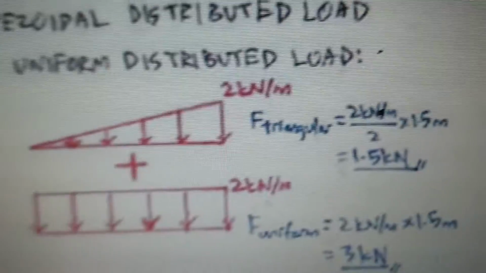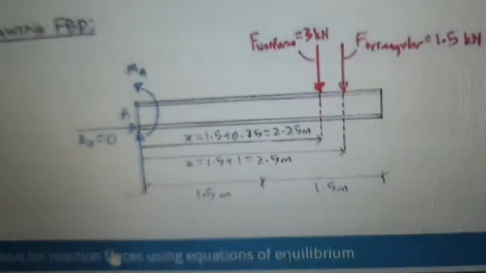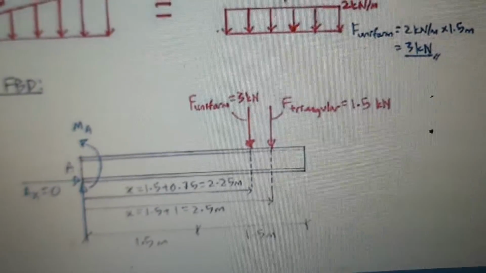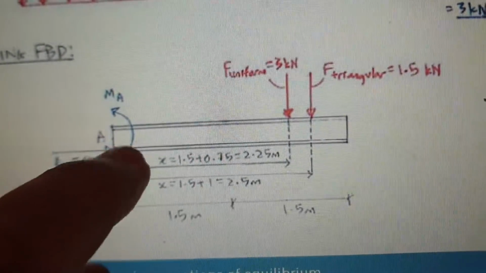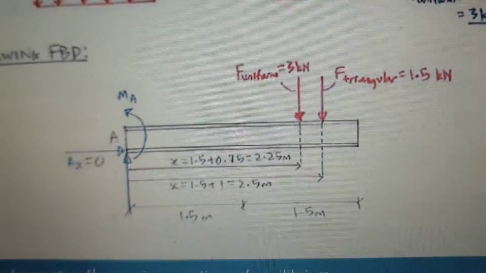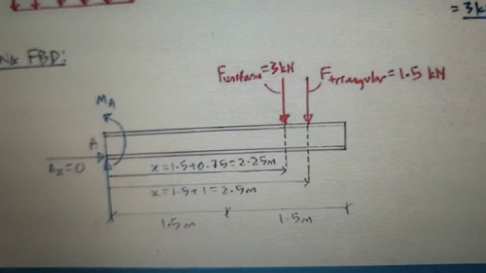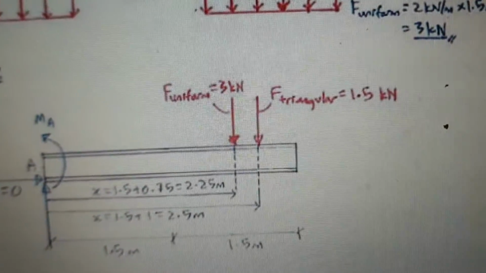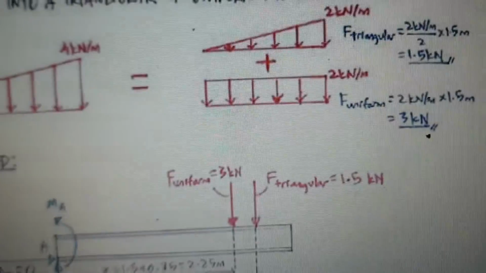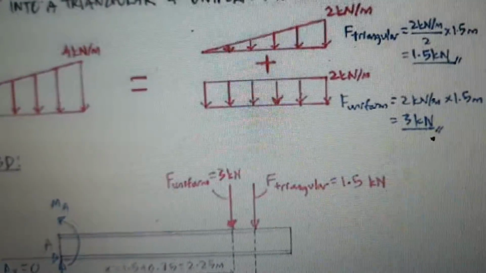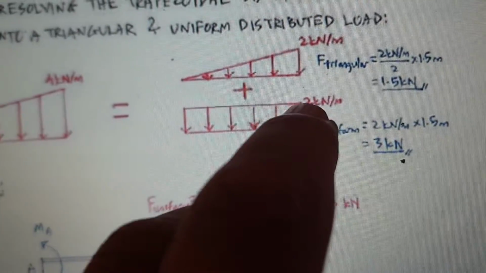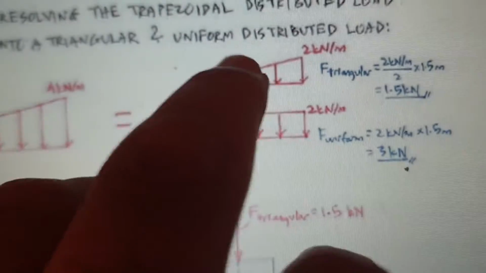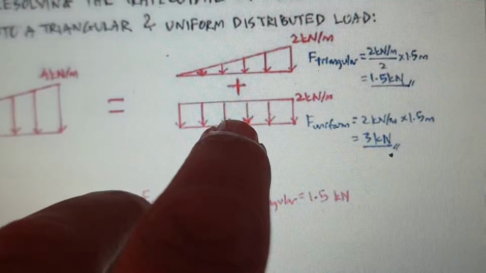So now we're going to draw the free body diagram. There is a reaction AY, a reaction AX, and a moment at A. Now there are 2 equivalent forces, one for the triangle and one for the rectangle. Remember, the rectangle force is at the center. This is 1.5, so it's going to be 0.75.